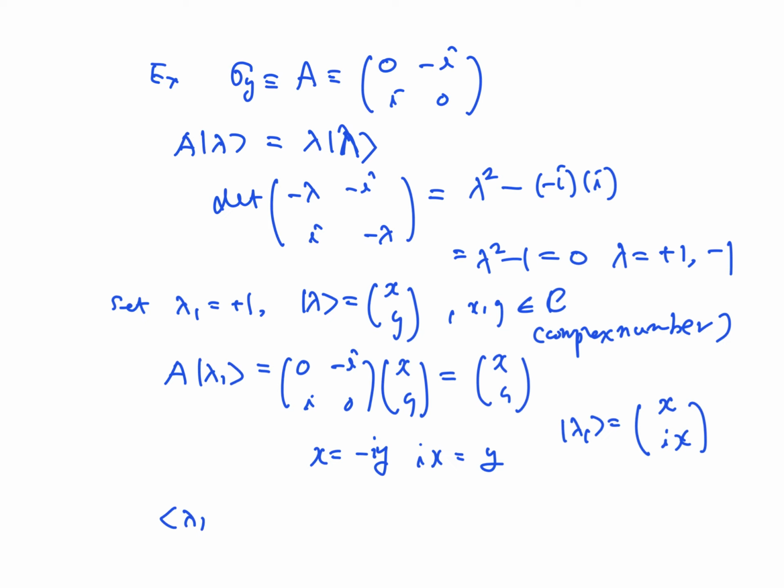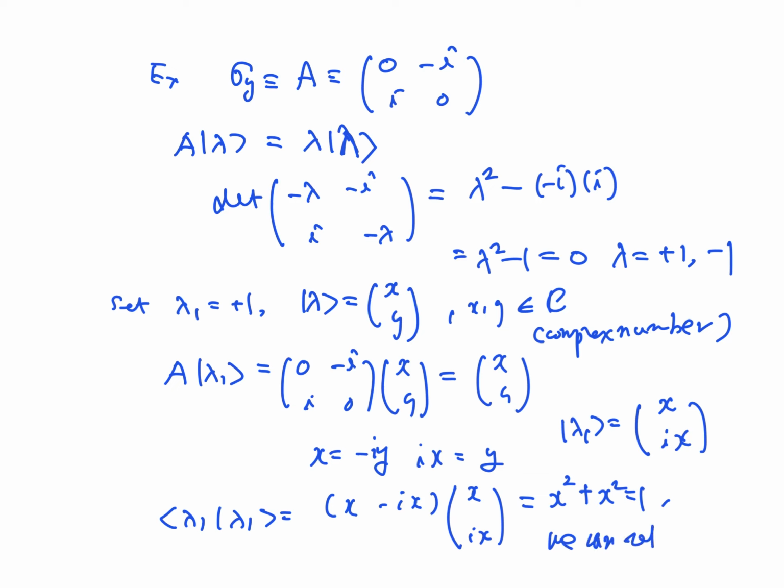Lambda 1 is x, i x, with x squared normalization equal to 1. So you can set x as 1 over square root of 2.